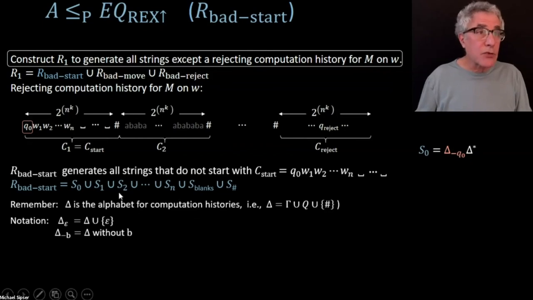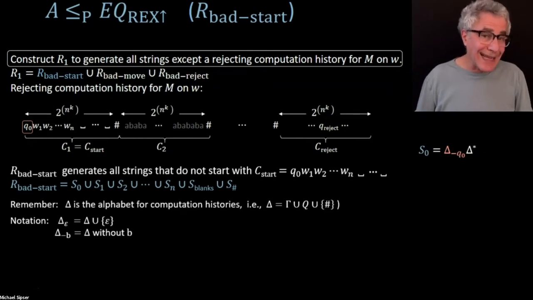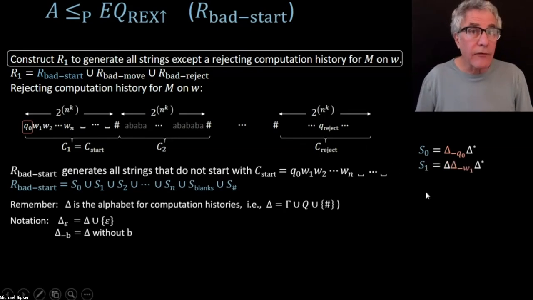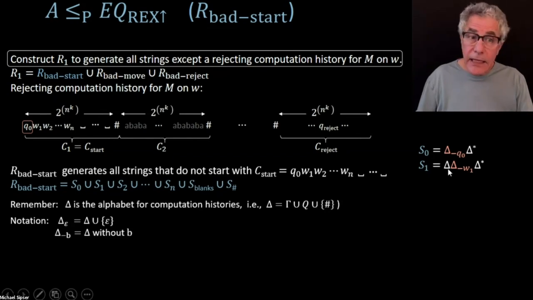So what do we want to say for S1? It's going to be all strings that don't have W1 in the second place. So I'm going to write that over here. S1 is anything in the first place. I mean, if the first place was wrong, S0 took care of it, so I'm just going to keep my life simple.